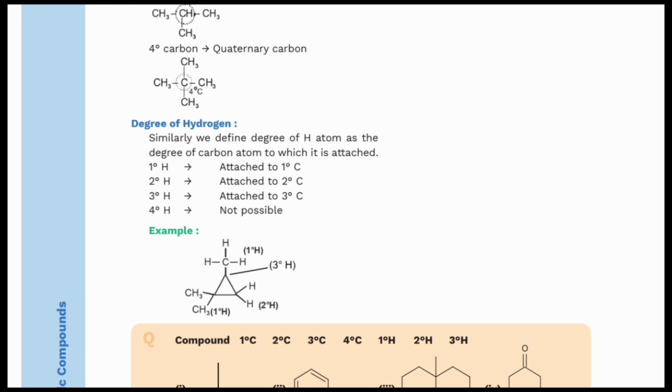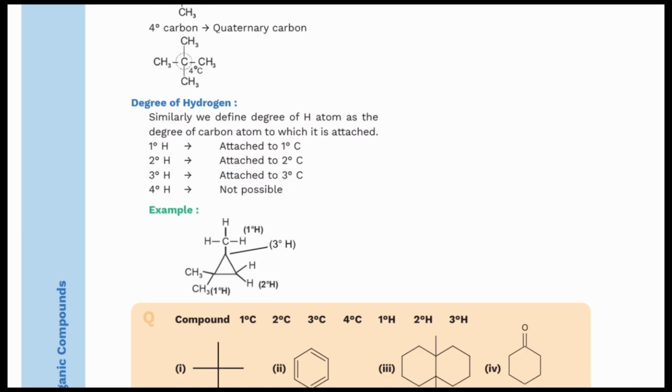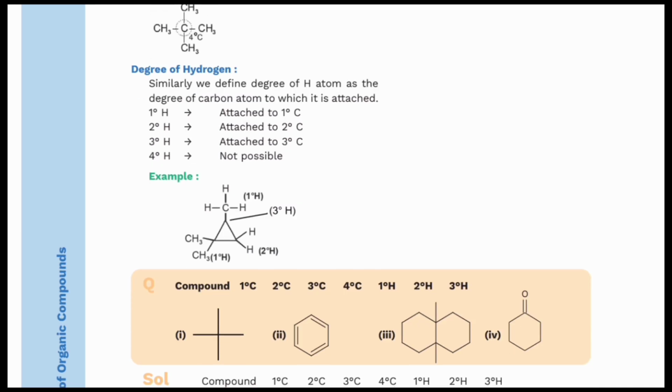Okay, degree of hydrogen. If a hydrogen is attached to a 1° carbon, it is 1° hydrogen. Similarly, we define degree of hydrogen as the degree of the carbon it is attached to. You can see here this carbon number is which carbon? This is a 1° carbon. Okay, so all these hydrogens are 1°, and all these hydrogens are also 1°.